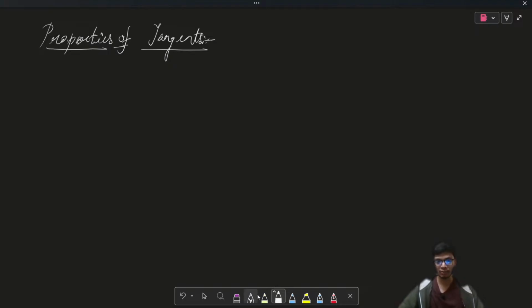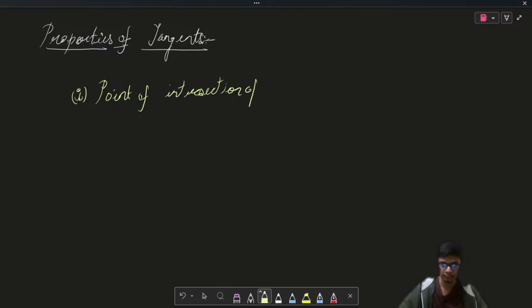The very first and important property of tangents is about the point of intersection of tangents at any 2 points on the parabola.